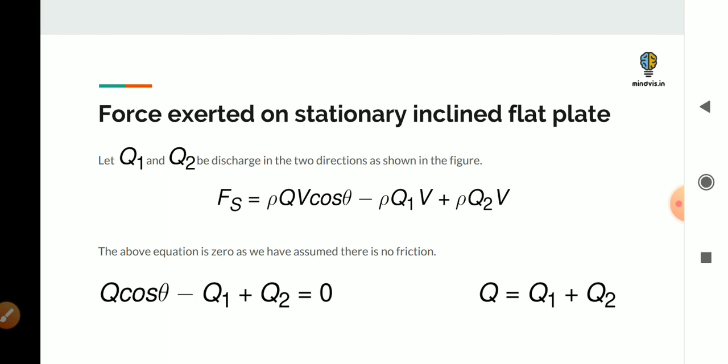Here we have to use the impulse momentum equation, that is Fs is equal to the total net forces, related to rho QV cos theta minus rho Q1V plus rho Q2V.